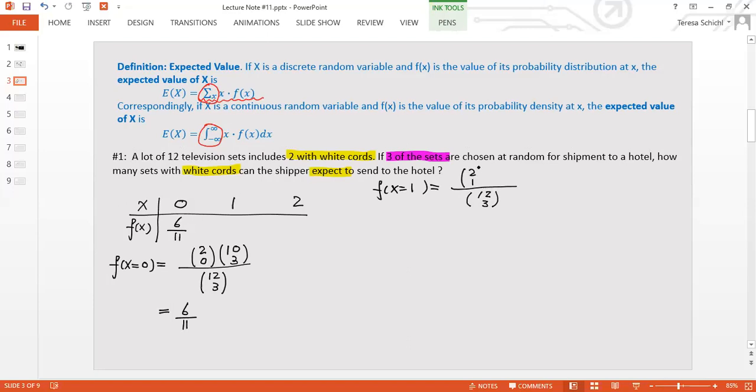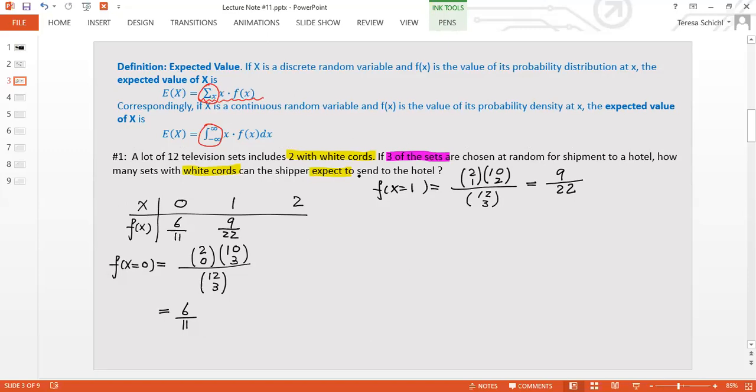You take 1. Good. How many are non-white cord? It's 10 total, and you already took 1 for the white cord, so how many non-white cord do you take? It has to be 2, correct? If you put it into the calculator, and I'm not going to do the numerical calculation here, you will practice your calculator and get that. This is 9/22 here.